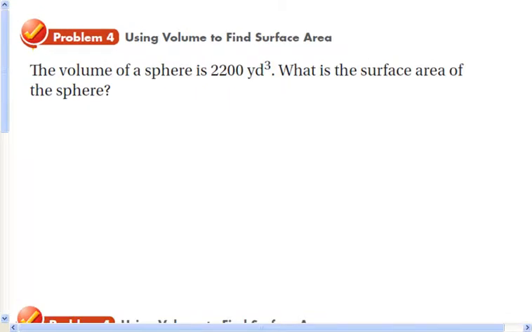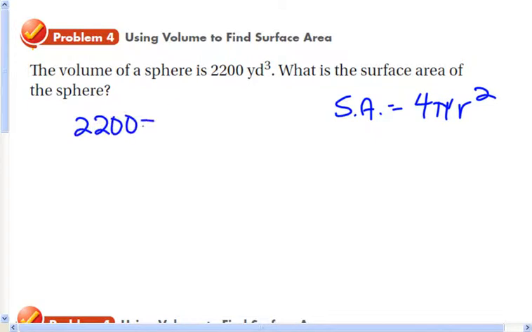All right, so here we're given the volume of the sphere is 2,200 cubic yards. What is the surface area of the sphere? To figure that out, we need to find the radius, because the surface area of the sphere is 4 pi r squared, and we're given the volume, which is 4/3 pi r cubed.